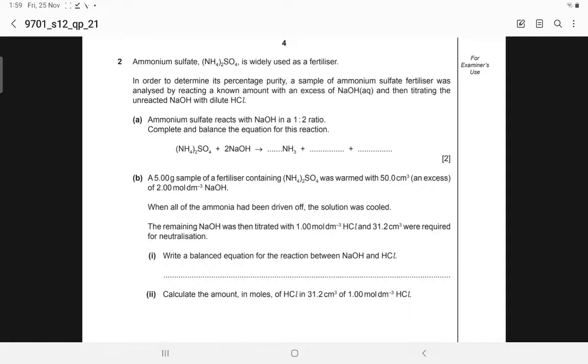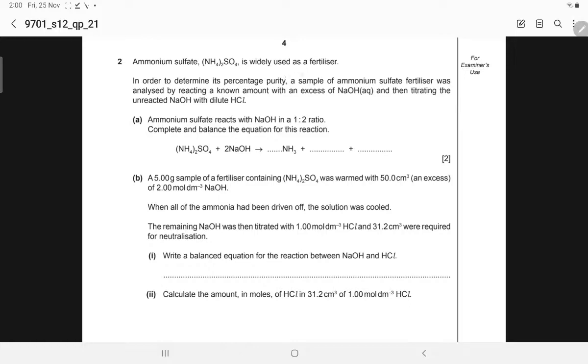Today I will discuss a mole of liquid and different questions from different past papers. This is 9701 June 1 2, question paper 2 1, and question number 2.